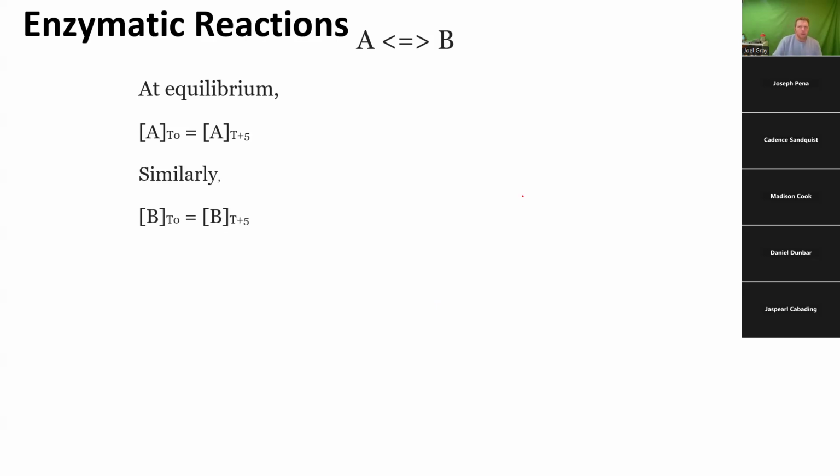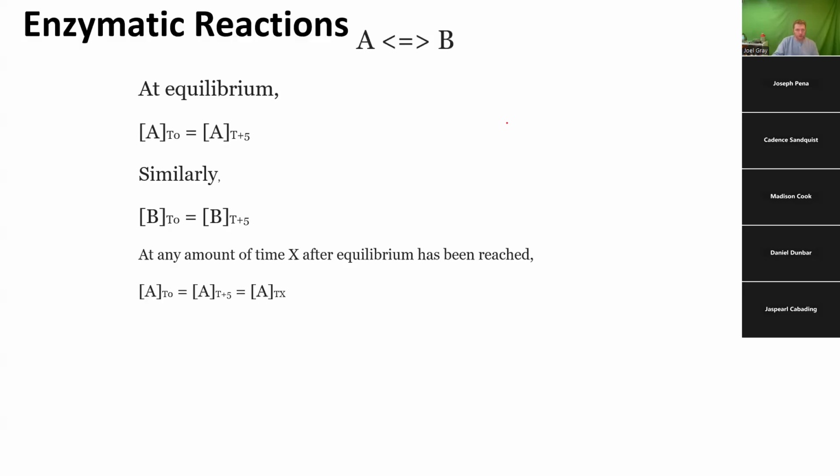Similarly, the product: at equilibrium and 5 minutes later, the concentration of B is going to be unchanged. At any amount of time X after equilibrium has been reached, the concentration of A is going to be the same. The concentration of B is going to be the exact same.